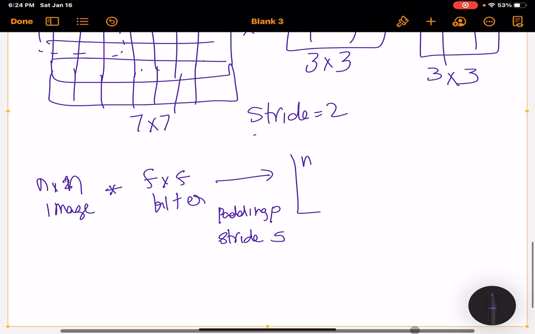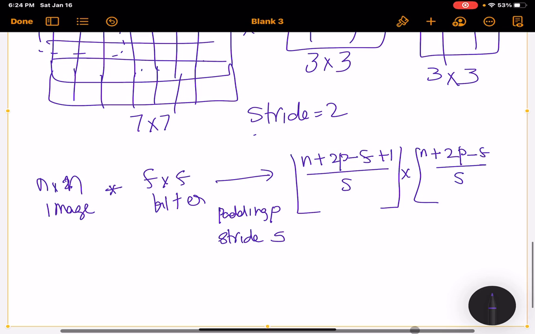So it is (n plus 2p minus f) divided by s plus 1, cross again (n plus 2p minus f) by s plus 1.